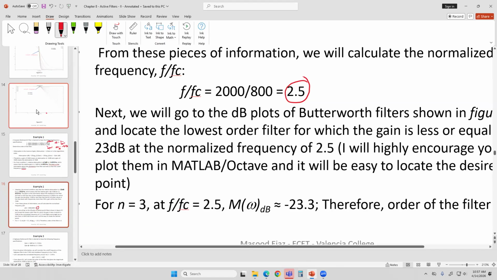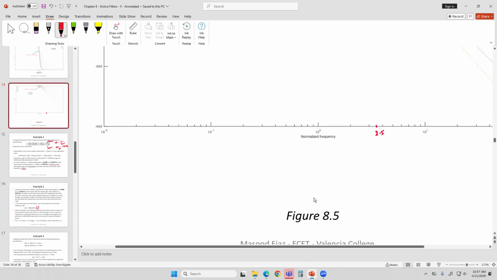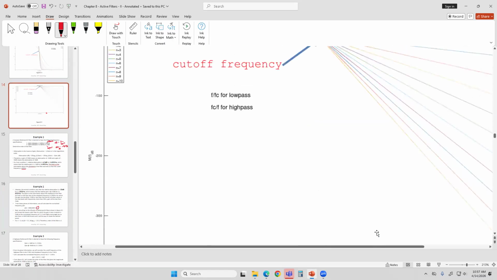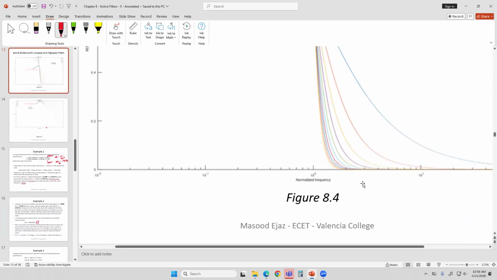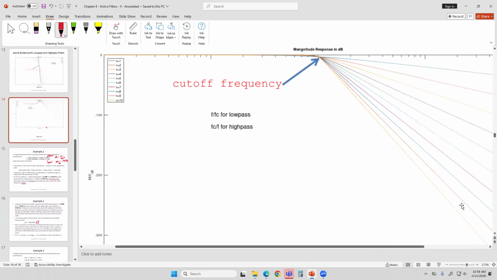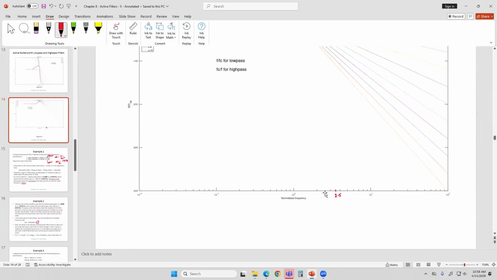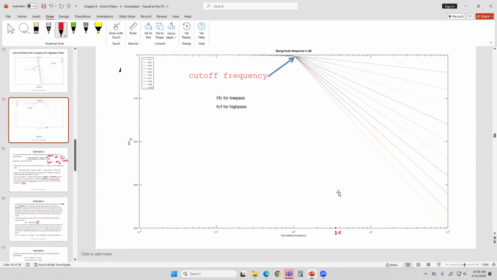So according to, again, I did it in MATLAB, but it's hard to look at how to do it from here. In MATLAB, it's easy. But if you go here, and I put down the values, but if you go up and look at all the values that you have, again, I did it in MATLAB, but it came out to be the order 3, which is this line.